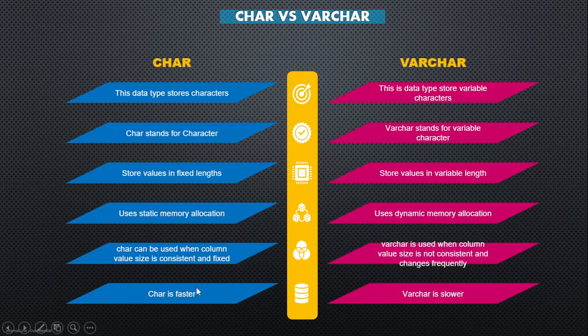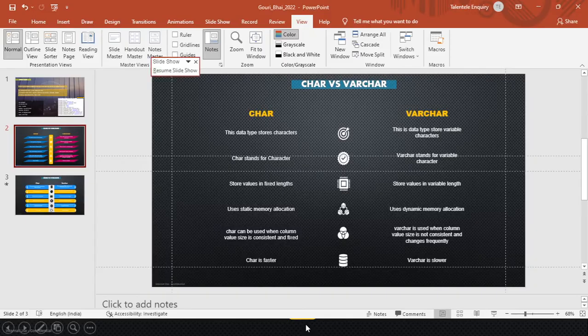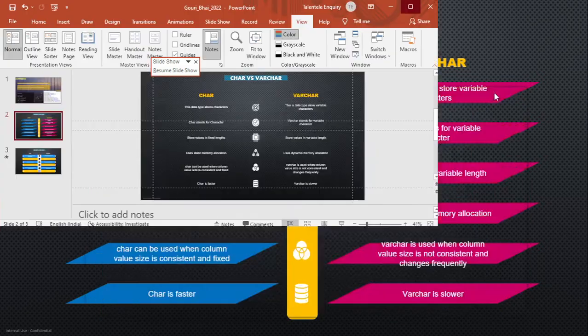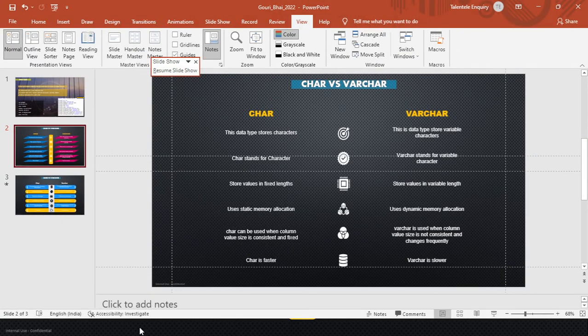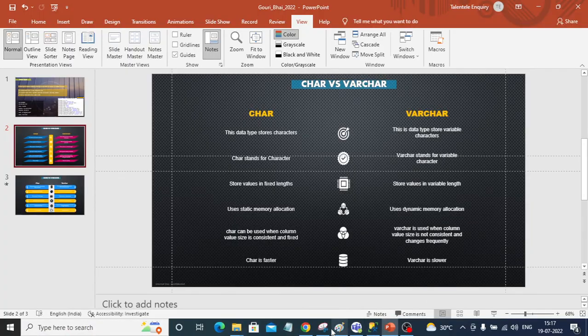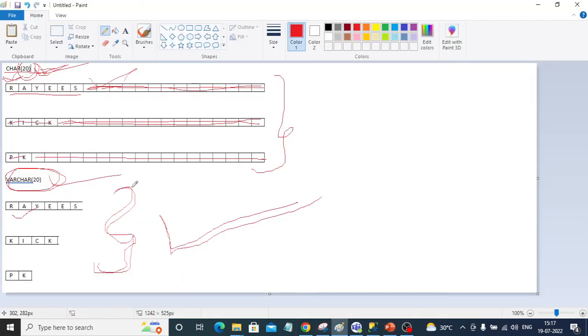But see, guys, char is faster, varchar is slower. The reason it is slower is that it is doing all sorts of manipulations. See, it is going to do all this calculation. First it has to check what is the length of this particular string.